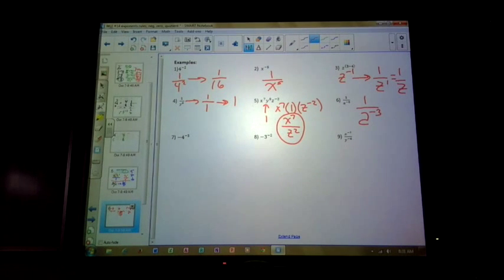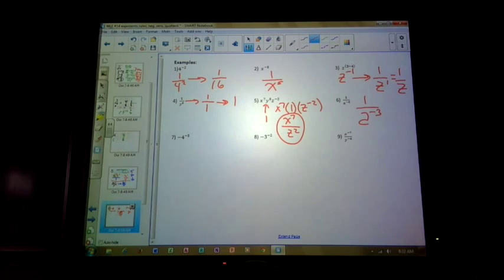What do you feel? Should we do? I don't really know. Okay, take a thought. It's a negative exponent, so what is it going to want to do? It's going to want to become positive, so what does it have to do in order to get positive? Does it have to move? It has to move.